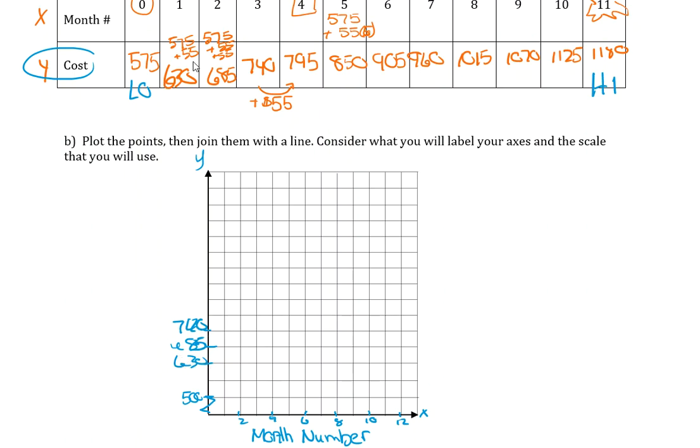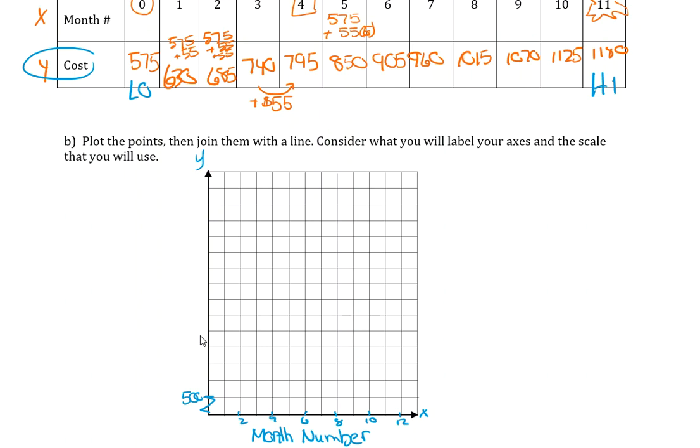They would work because we're doing a linear graph for this one, but it won't always work. It is not wrong to use these numbers on the y-axis, as long as you know you're always adding the same, 55, 55, 55. It's linear. But if it's not always the same, then you can't just label the y-axis like that. In this case, you could, but I'm going to show you a more general approach.